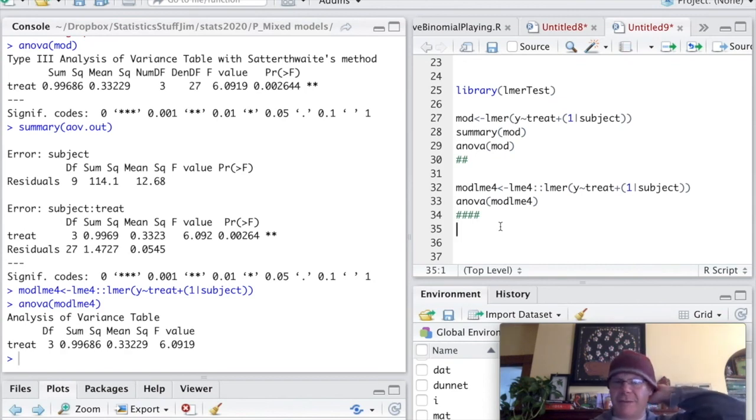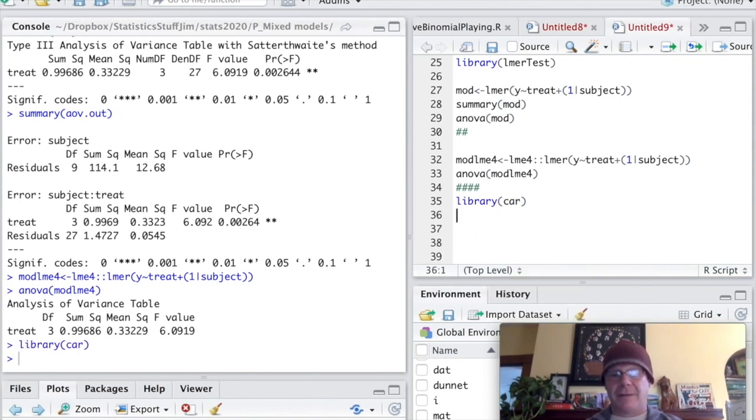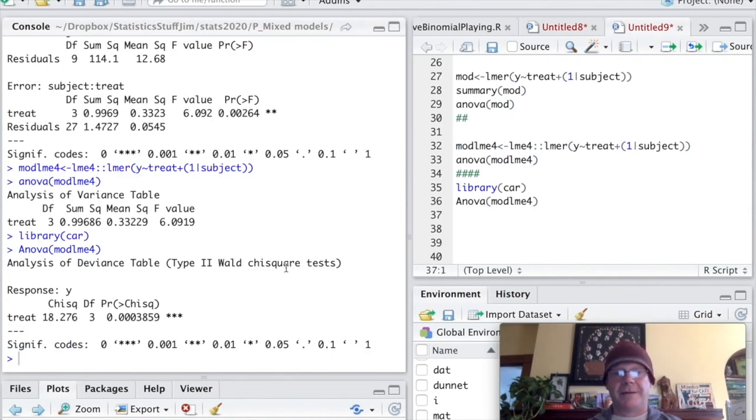As I think I've mentioned before, in statistics, there's no one right way to do something often. There's clearly lots of wrong ways to do something, but there's no one right way. And mixed models is a really good example of there not being one accepted right way. But if we were to stick with this lme4 object, we could again use, let's open up the car package, and if we were to use the capital A Anova on that, we would get this Wald chi-squared test.